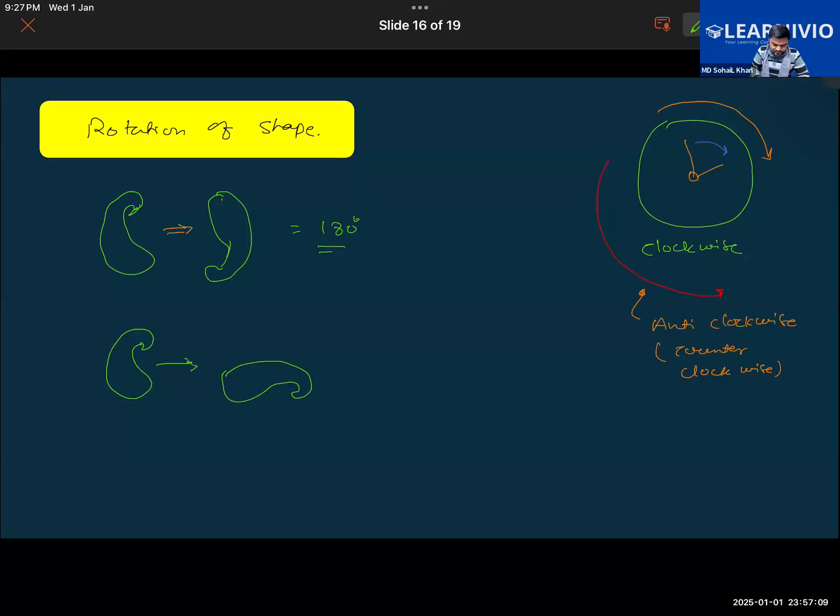Again, take a look at this thing in my hand. I have to make it rotate by 90 degrees, so it will be just bending 90 degree like this. So similarly, we can go on to rotate it further also, right? That's what we are learning right now.